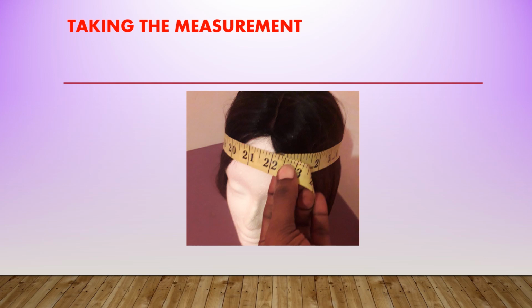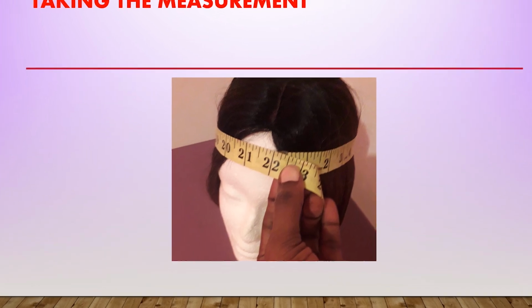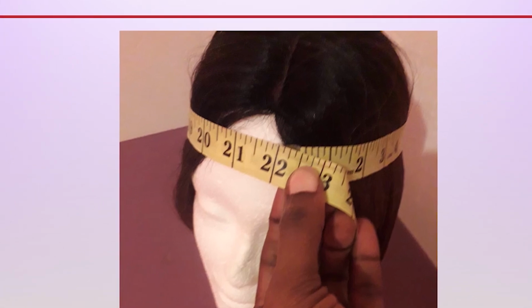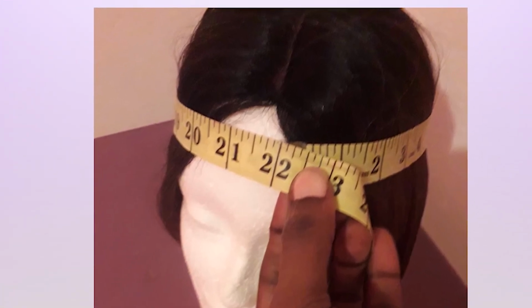As I mentioned earlier, before we can begin any crochet piece, we must take accurate measurements. And since I'm making a hat, I must take the measurement of the distance around the head. Now this measurement will be the equivalent of the circumference of a circle.